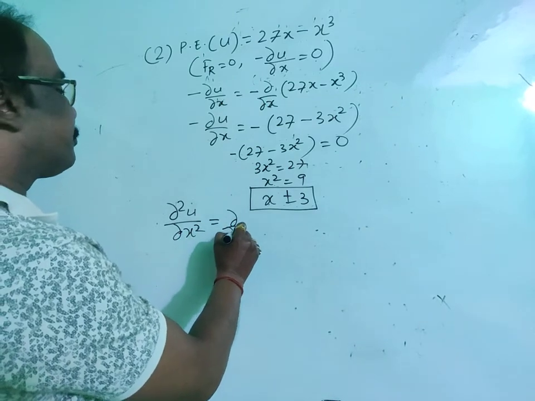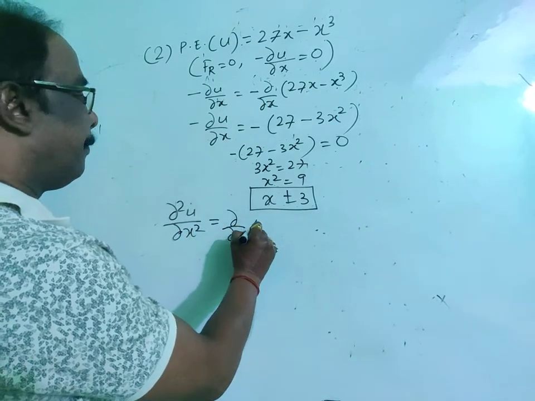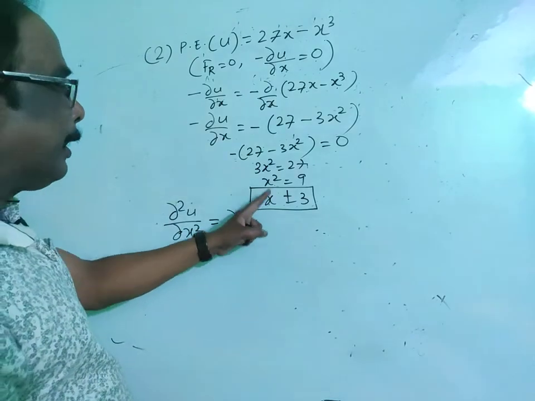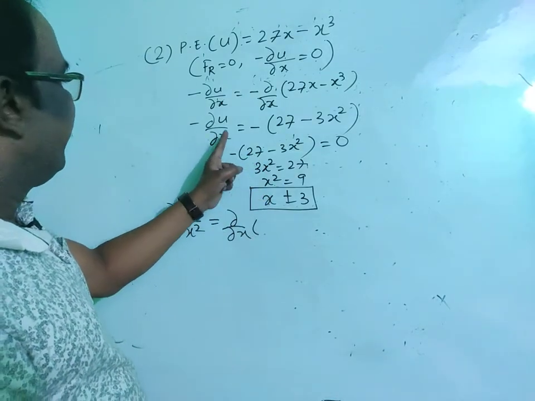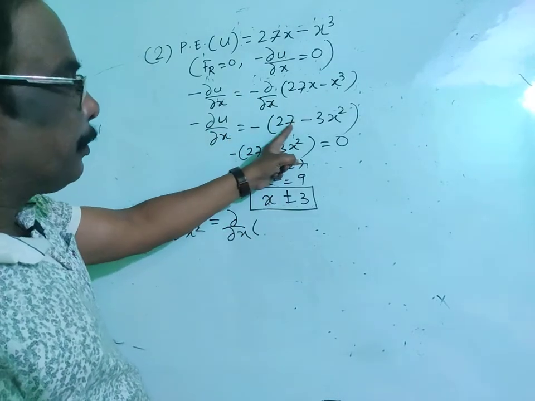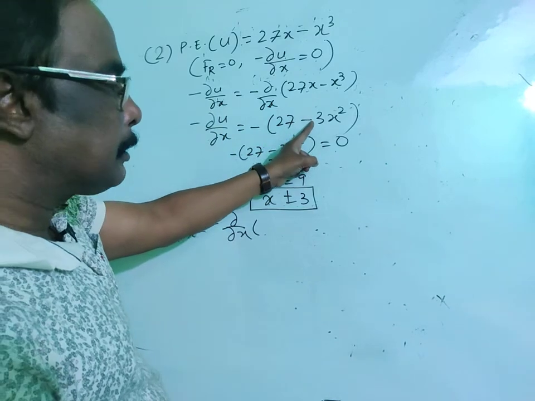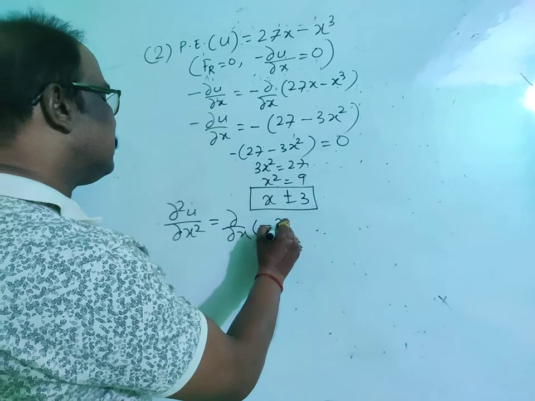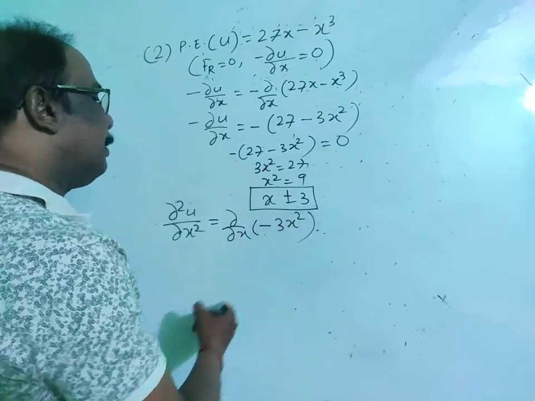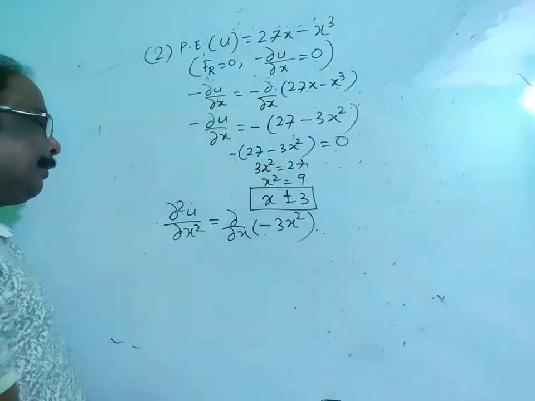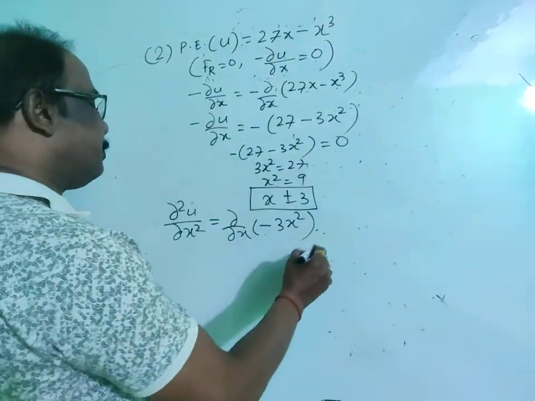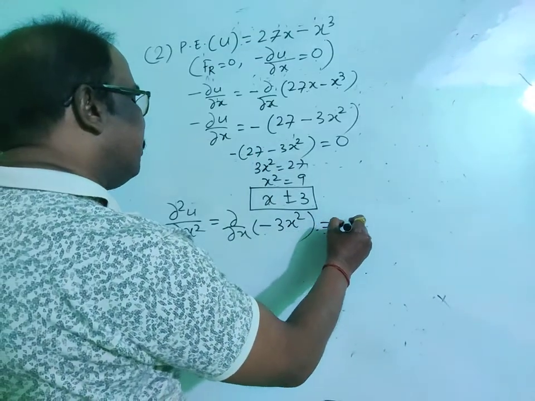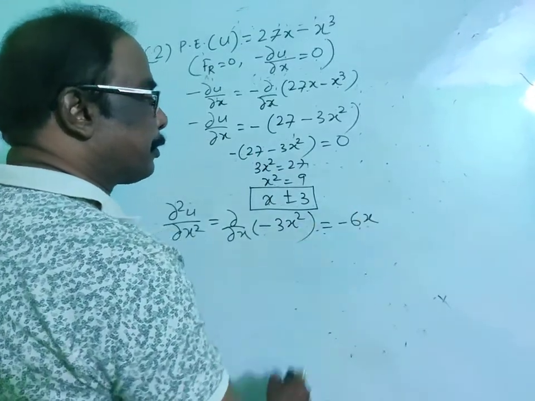See here, du by dx is 27 minus 3x square. Differentiation of 27 is 0, and this comes minus 6x.